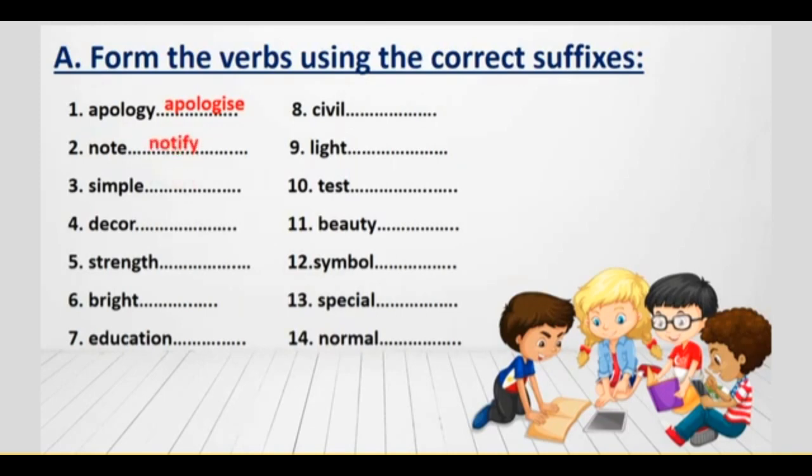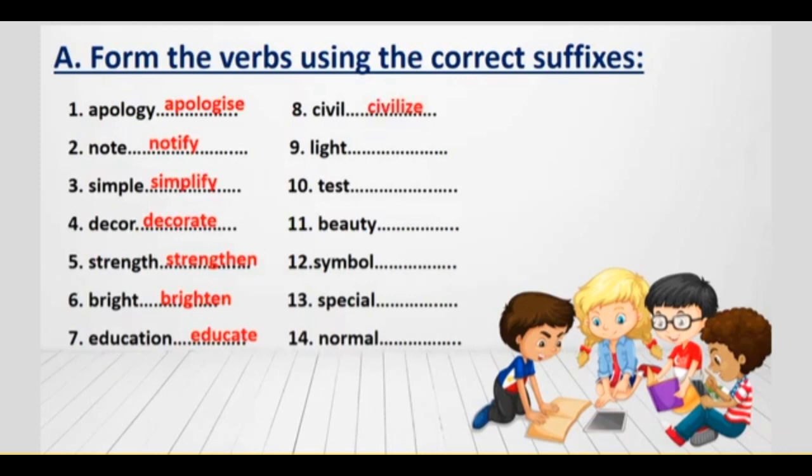Simple, simplify. Decor, decorate. Strength, strengthen. Bright, see the light is bright. To make the light more bright, we say to brighten. Education, the verb is to educate. Number 8, civil, which is an adjective, the verb is to civilize.